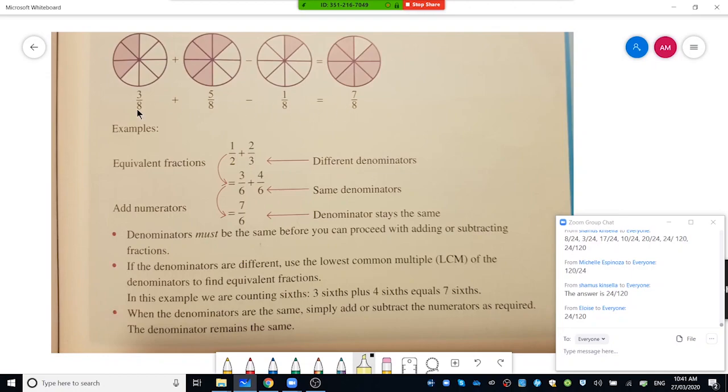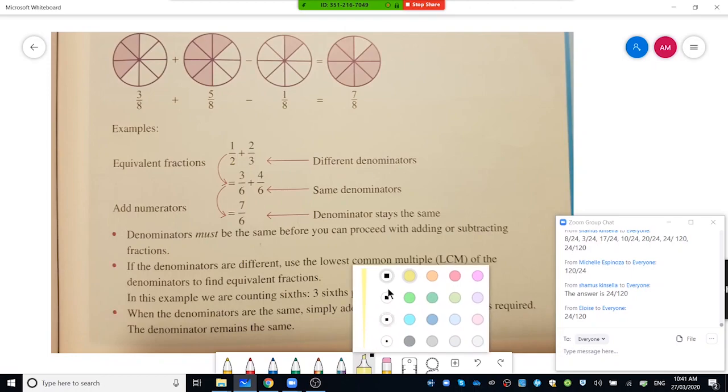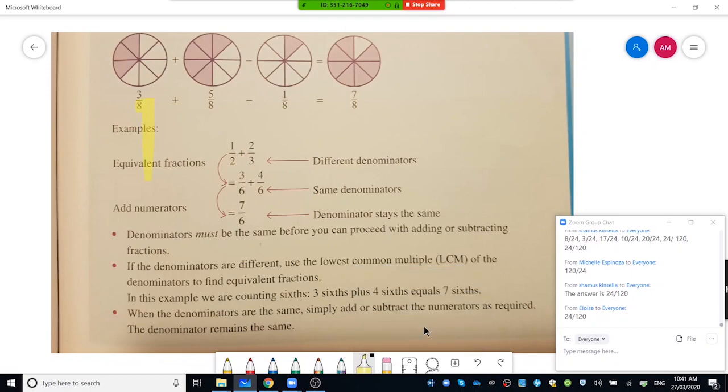The common denominator here is 8. In that case, you can just have the denominator written as the same number and simplify the numerator.